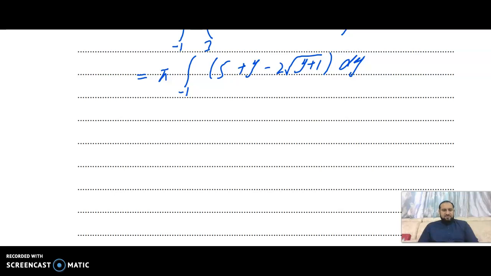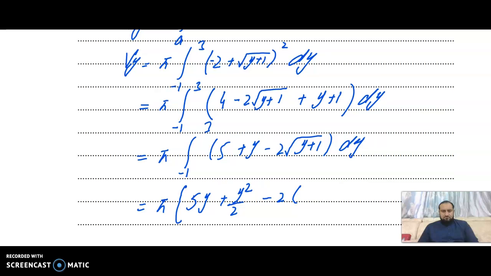And once we integrate this, so pi times 5y plus y square by 2 minus, sorry, this is minus 4 and this is also minus 4 because we already have minus 2, so we can expand this.